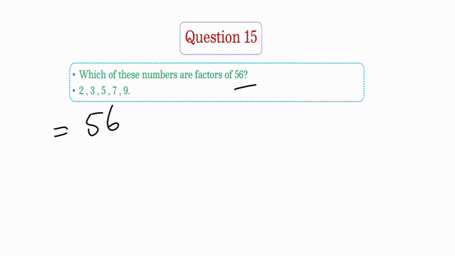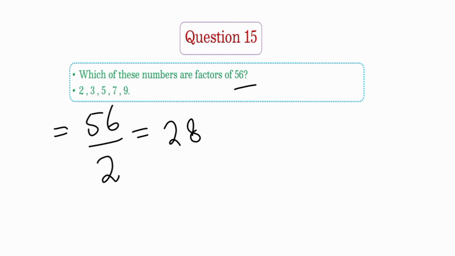Obviously 56 divided by 2 would give you 28. So 2 is a factor of 56. 3, if we divide 56 by 3, we get our answer as a decimal number.